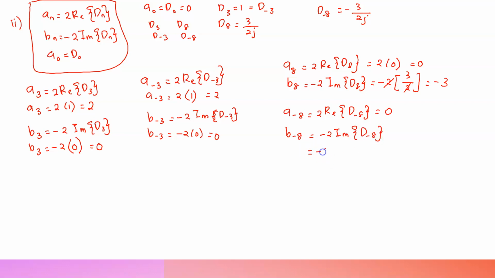So we have minus 2 times minus 3 over 2, which is 3, since the 2s cancel out. So these are the coefficients for the trigonometric Fourier series representation: a3, b3, a minus 3, b minus 3, and so on. This is the answer to question number 2.